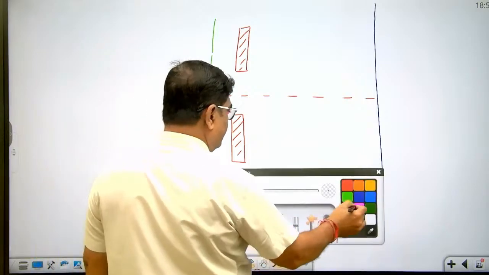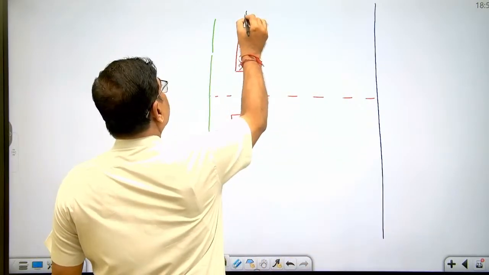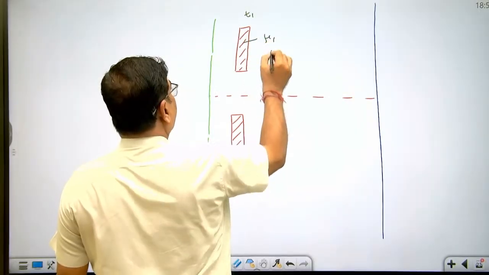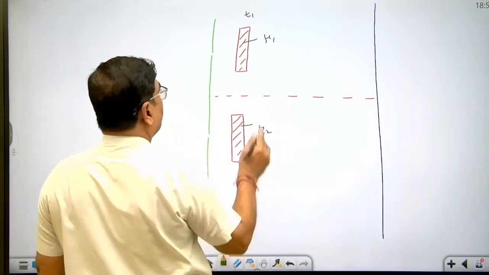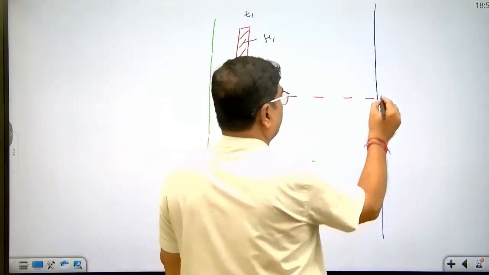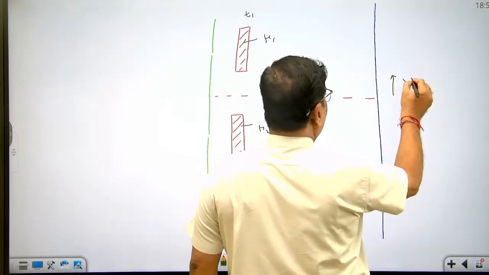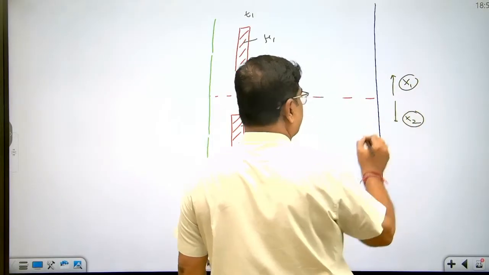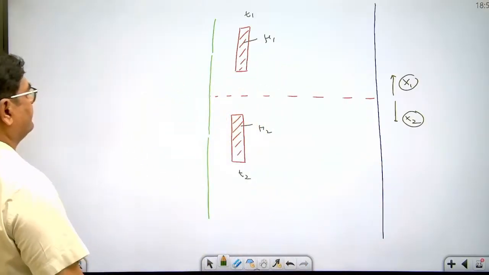Dear student, let us assume thickness is T1 and T2, refractive index is mu1 and mu2. Because of this, the fringe pattern will go up by distance x1. Because of this, the fringe pattern will go down by distance x2. Okay, what is x1 and x2?